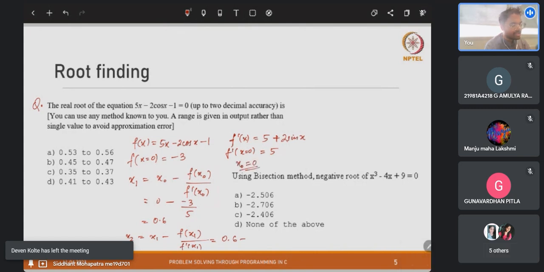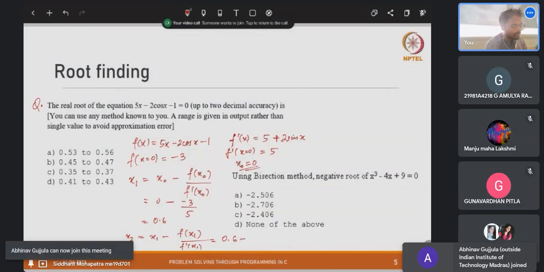I have taken this initial condition, x naught equal to 0, and if I put x equal to 0 in f of x, I get minus 3, because cos of 0 is 1, so minus 2 and minus 1, total of minus 3. So that is what I put here. And similarly f dash x at 0, sin of 0 is 0, so you get only 5, so minus 3 by 5, right?